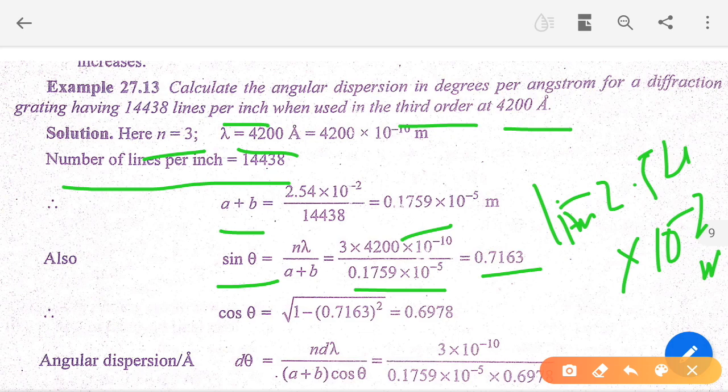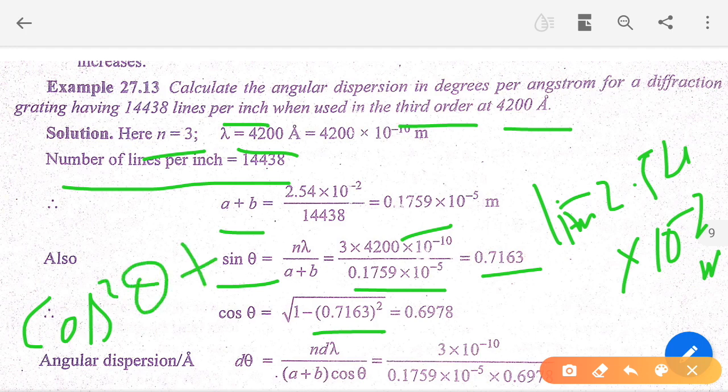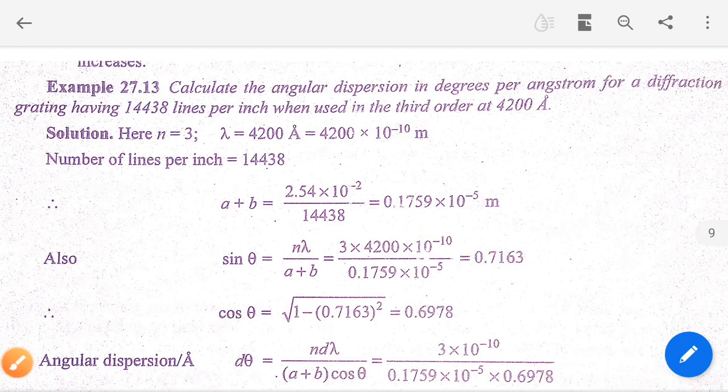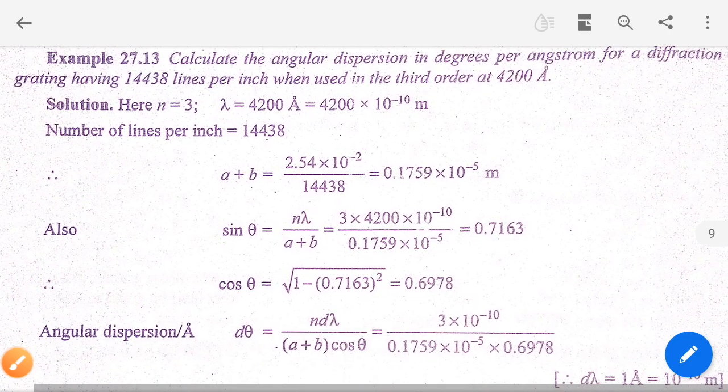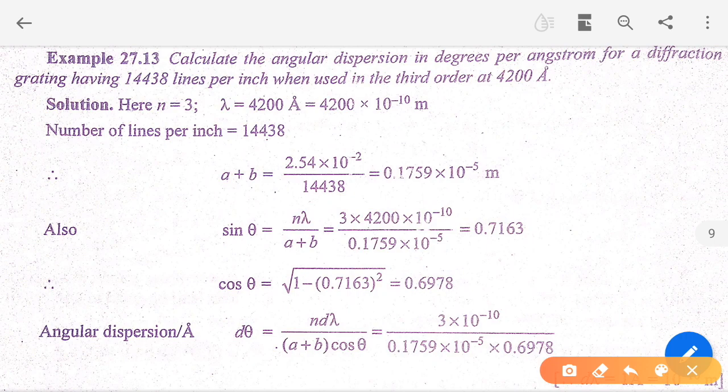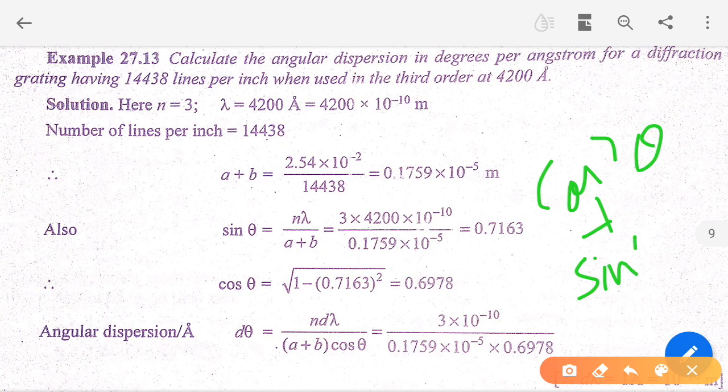So cos theta is equal to the square root of 1 minus sin square theta. Putting in this value, we got 0.6955.